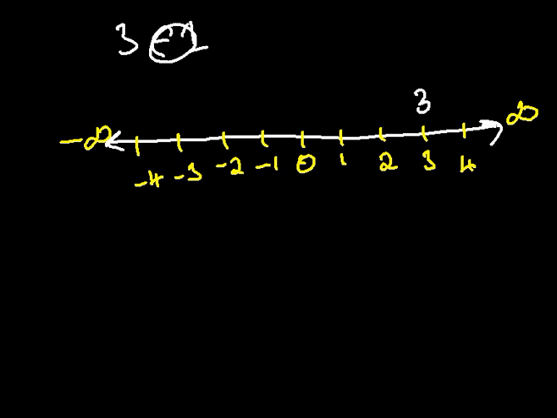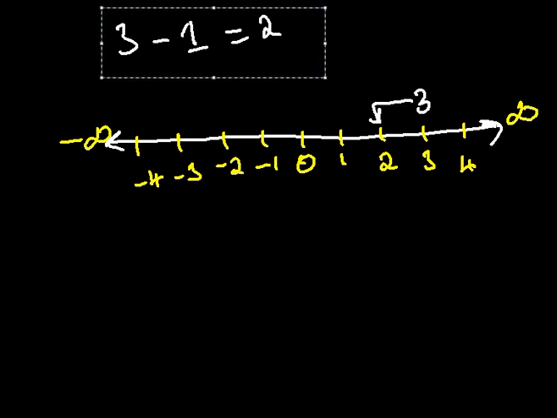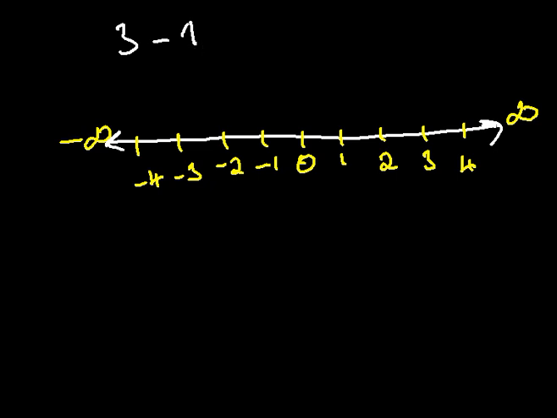Since 1 is negative, we need to move 1 step towards the left of 3. So we just move a single step. We are here. So 3 minus 1 is given as 2. That is the way out.